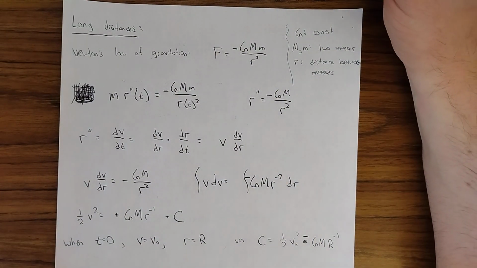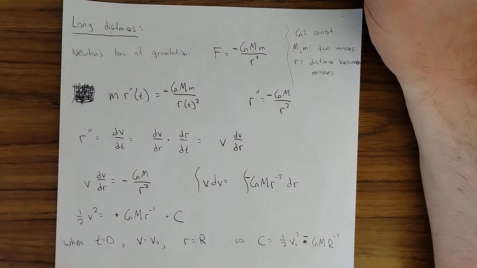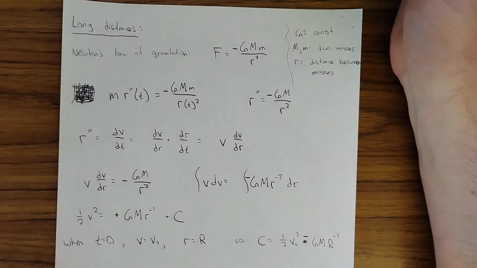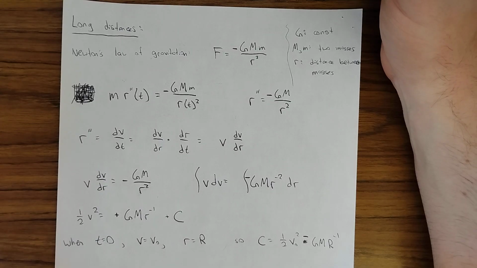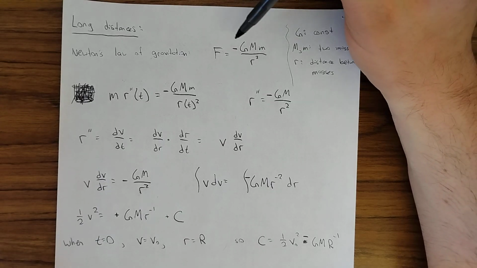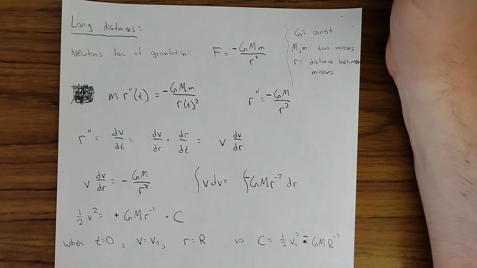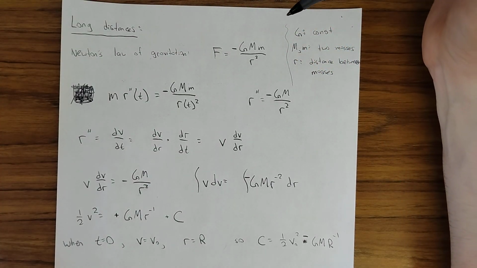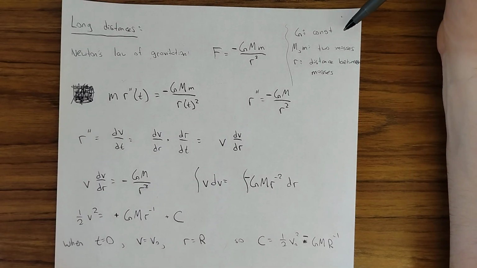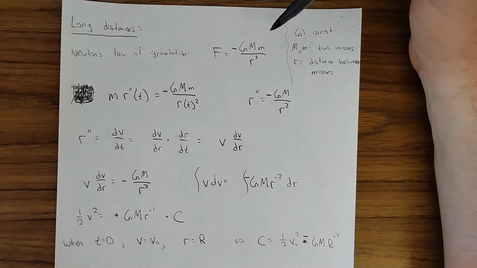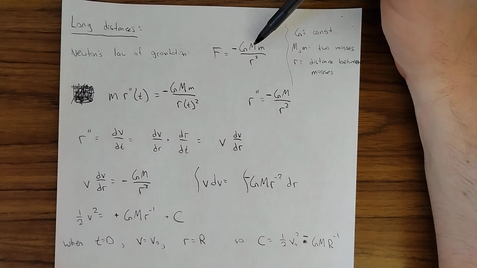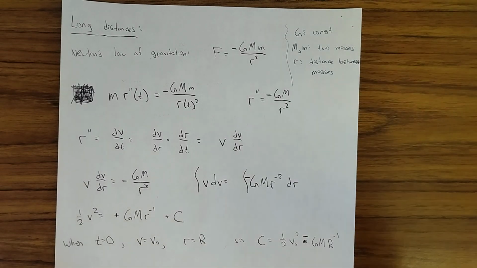So let's talk about the other thing, which is the fact that gravity is actually stronger or weaker depending on how far two objects are from each other. So here's Newton's law of gravitation. G is like a universal constant. Capital M and little m are the masses of the two objects.